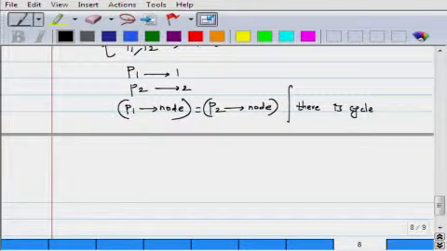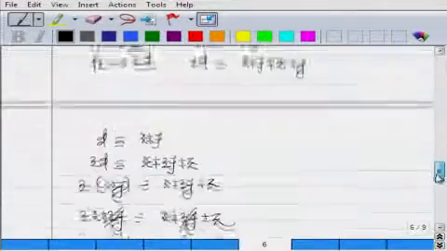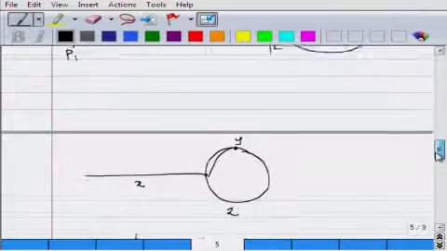Then the second thing, that is finding a cycle length. To find out the cycle length, I have told we will stop the faster pointer and we will continue the slower pointer till it comes back to pointer P2.